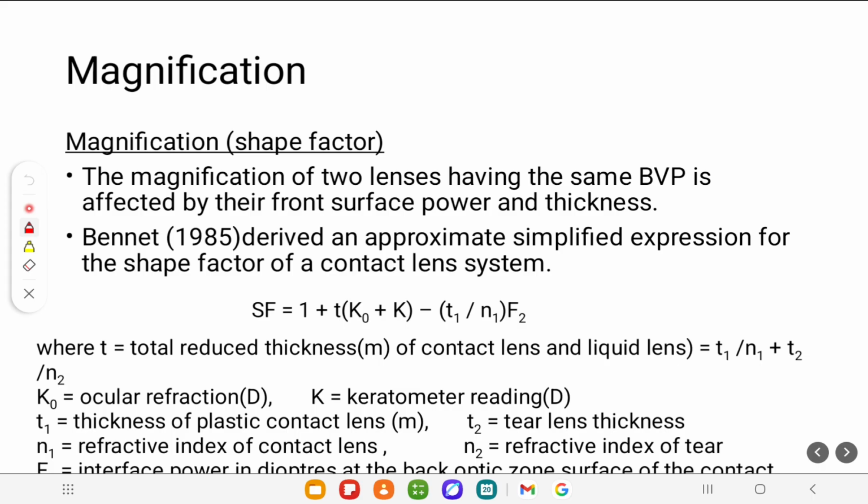The magnification of two lenses having the same back vertex power is affected by their front surface power. We have already talked about this in spectacle magnification; go back to that video and learn what spectacle magnification is. I have already talked about the shape factor. In shape factor, front surface power matters and thickness matters.